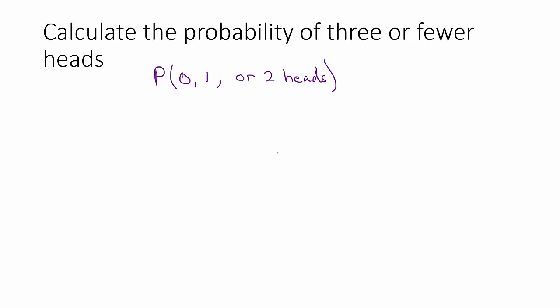One of the things that we remember from our probability unit is when you have a union or an OR probability, we're going to have to use the addition rule. So ultimately, we're going to find the probability of 0 heads plus the probability of 1 head plus the probability of 2 heads. So really, we have 3 of these to calculate.